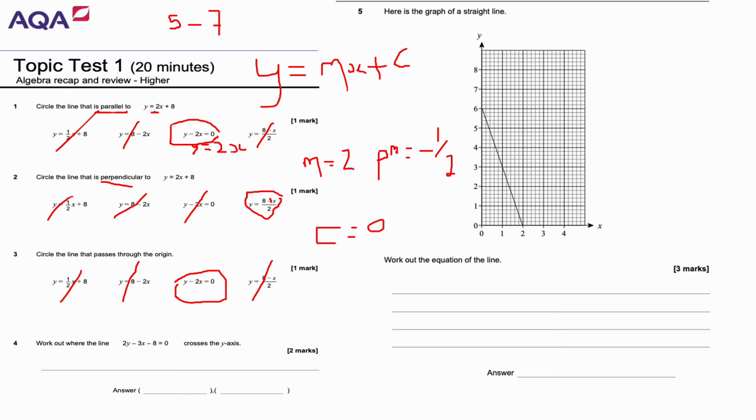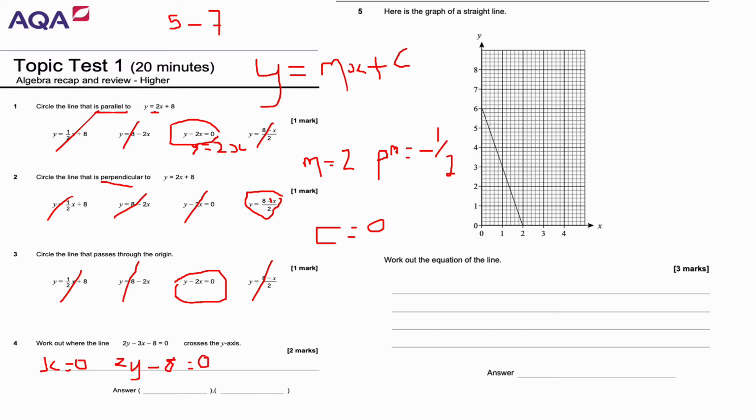This is question number 4, guys. Work out where the line 2y minus 3x minus 8 equals 0 crosses the y-axis. So the y-axis is when x is equal to 0. So I'm going to have 2y minus 8 is equal to 0.